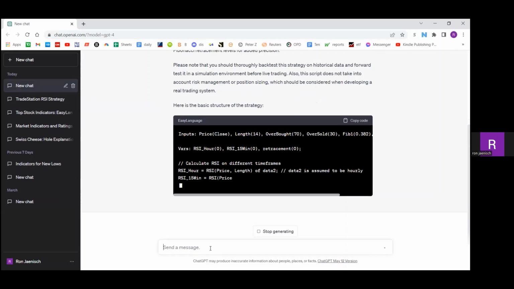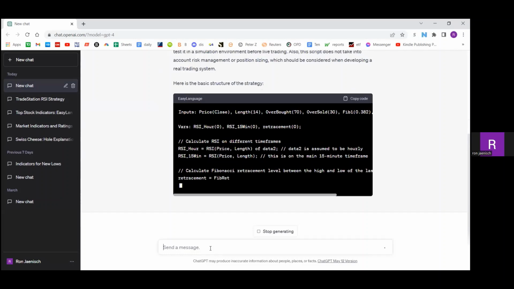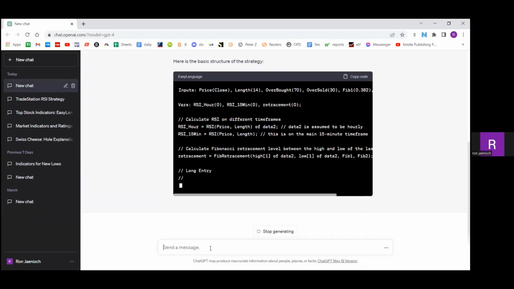So one thing about it is that if it doesn't know something exists, it may end up hallucinating a result. Oh, it's actually creating retracement. Good. I was wondering what I was going to do with that.